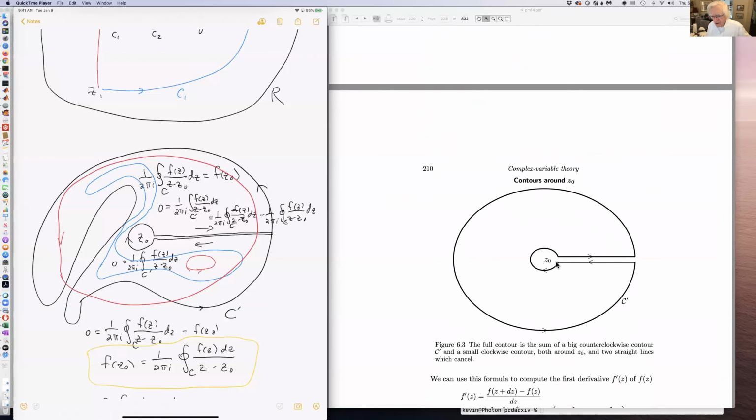as you can see here, followed from Cauchy's integral formula, and that integral formula followed directly from Cauchy's integral theorem, which itself followed directly from the Cauchy-Riemann conditions, which followed directly from the definition of analyticity.